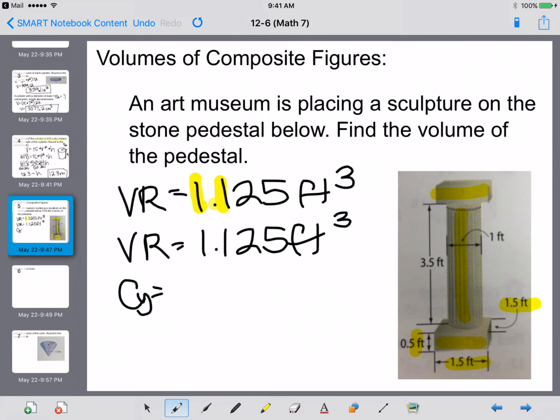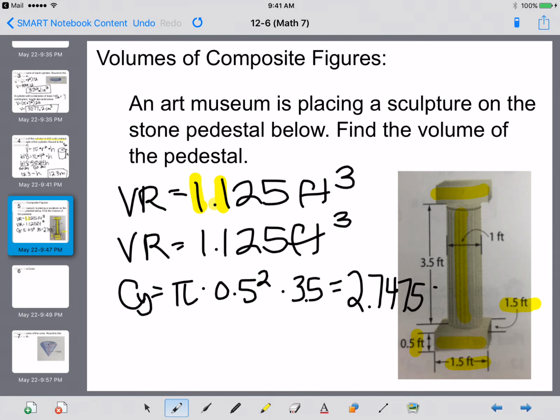And our cylinder. Its diameter is 1 foot, so its radius is 1/2. So we're going to have pi times the radius of 0.5 squared times the height of that entire cylinder of 3.5. So 0.5 squared is 0.25 times pi, 3.14, times our height of 3.5 to get us 2.7475 feet cubed.